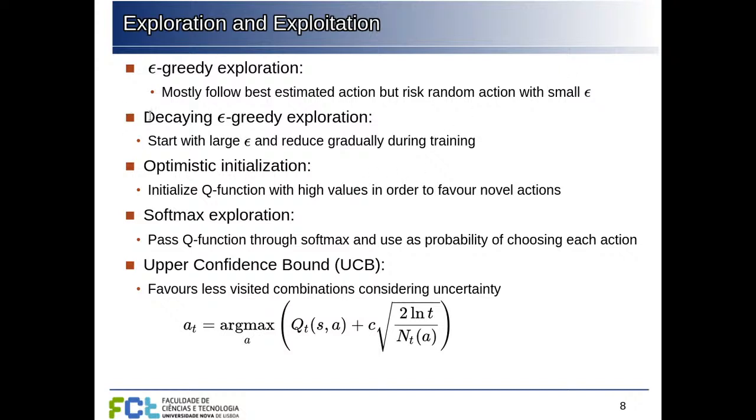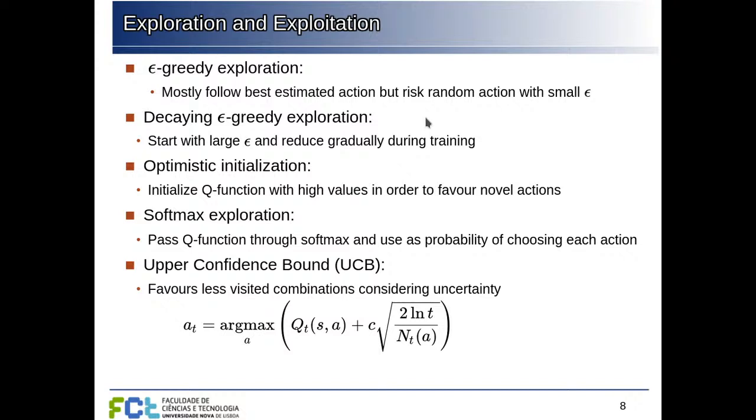A variant of this is to use decaying epsilon greedy exploration, where the epsilon value may start large. In the beginning of training, the agent is not very good anyway, so we can just go random a lot of times and gather data about what the outcome of that will be.